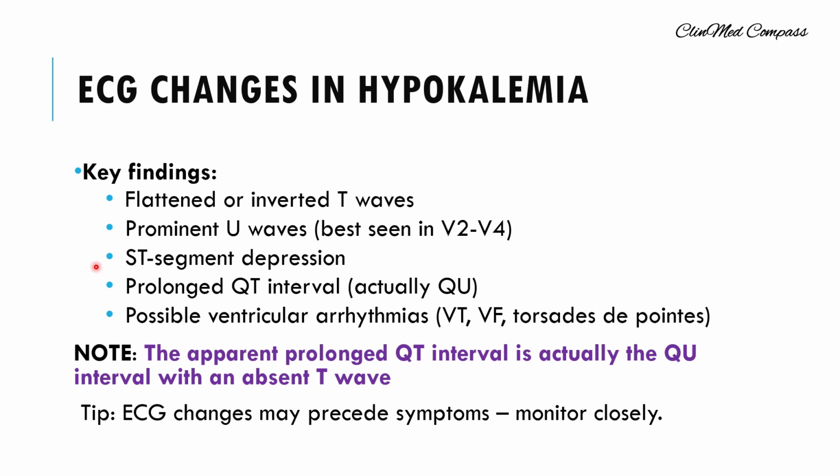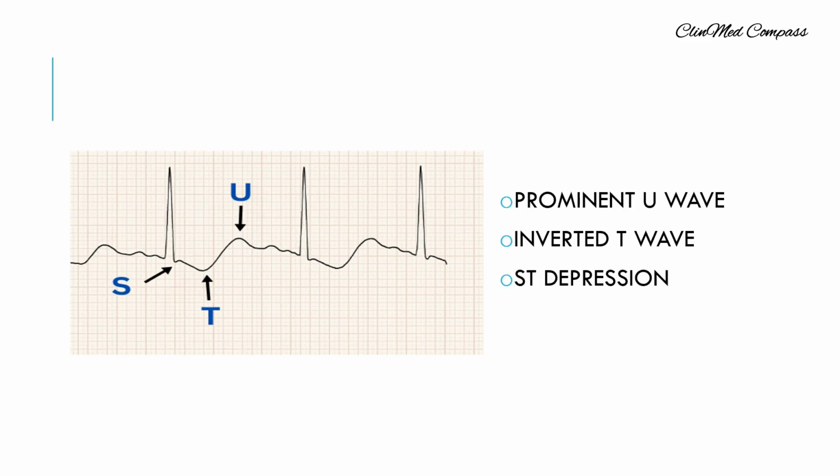You have ST segment depression, prolonged QT interval, and possible ventricular arrhythmias like ventricular tachycardia, fibrillation, and torsade de pointes. It is important to state that the apparent prolonged QT interval is actually the QU interval with an absent T wave. This is an ECG tracing that showed the U wave, this positive deflection after the T wave.